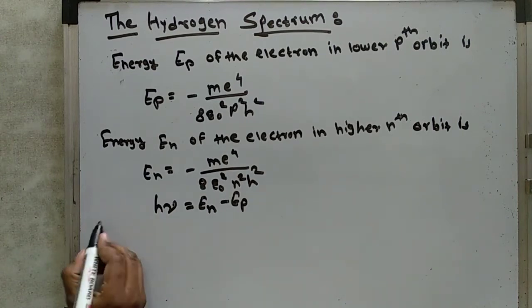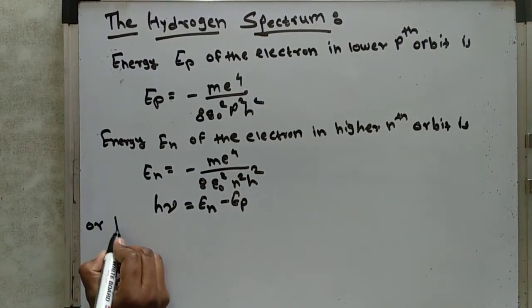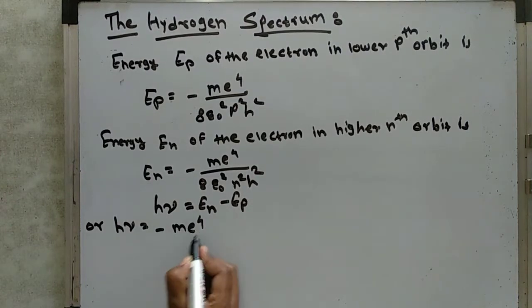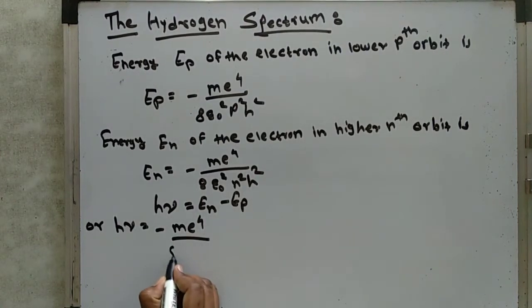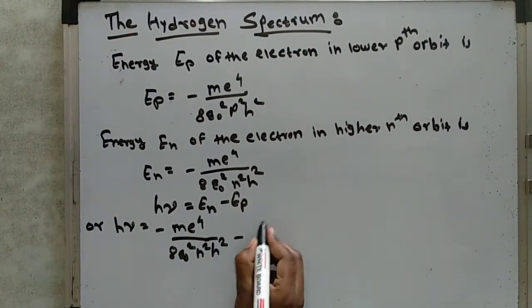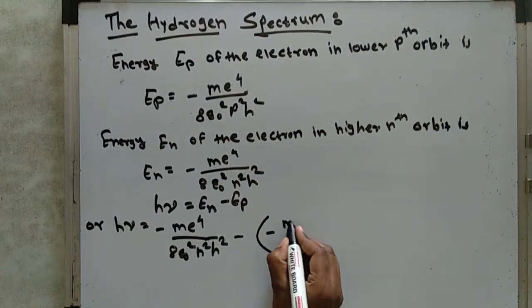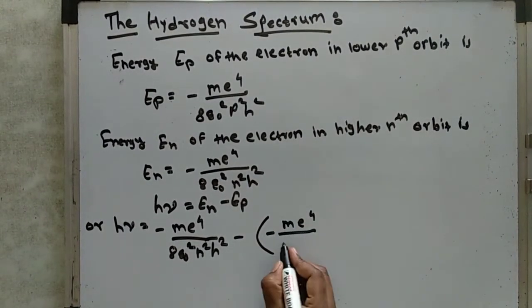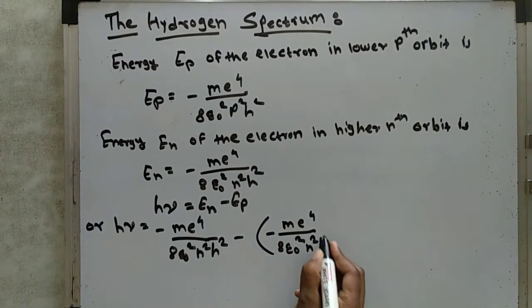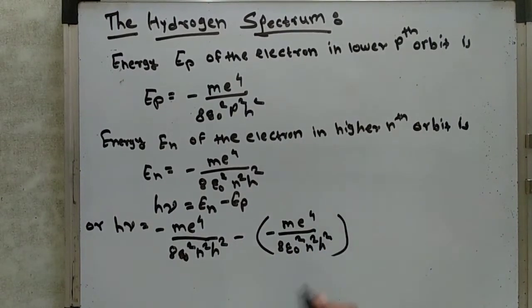So we can write h nu equals minus me raised to 4 upon 8 epsilon naught square n square h square minus me raised to 4 upon 8 epsilon naught square p square h square.